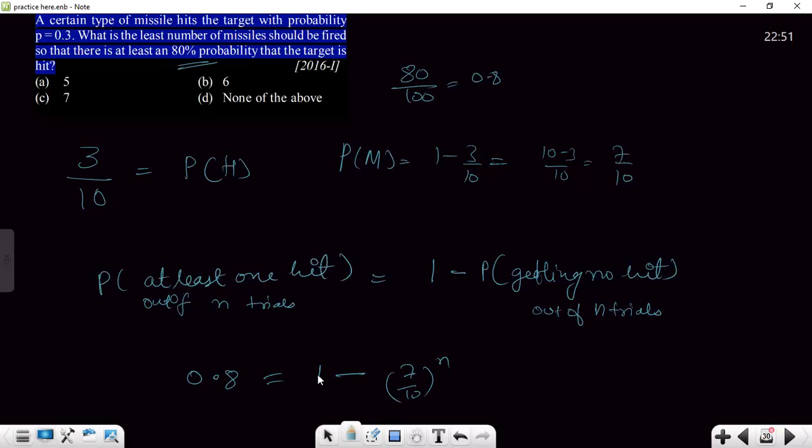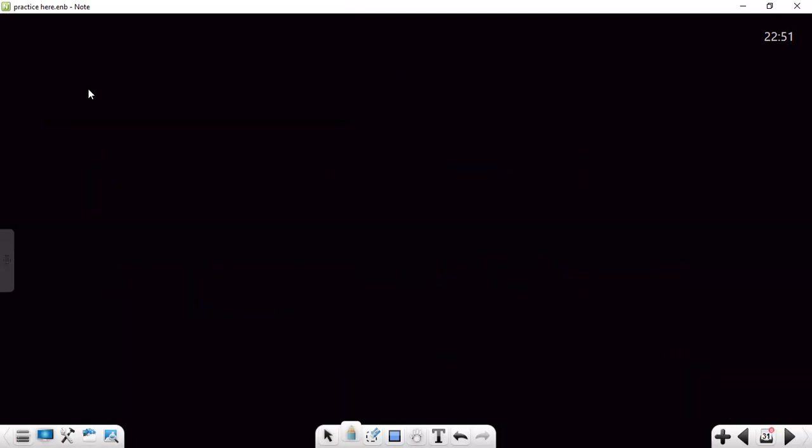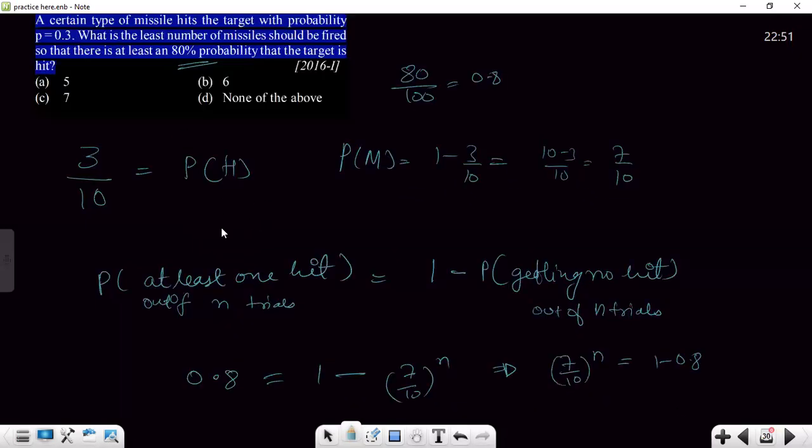Okay, let's go ahead then. Let's bring 7 by 10 raised to power n to the left hand side and 1 minus 0.8 to the right hand side. So 7 by 10 is 0.7, raised to power n, equals 1 minus 0.8, which eventually becomes 0.2. Yes, yes.